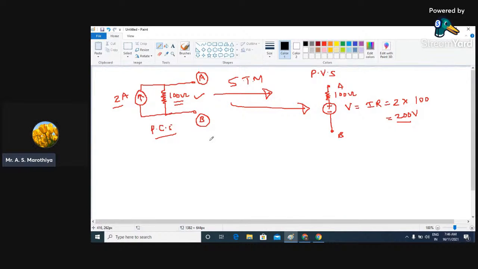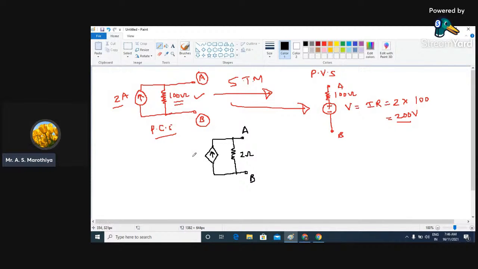Let us consider that we have a dependent source like this. Let us consider that this is say A and this is going to be say B, and the value is say 2 ohm, and here we have a current controlled current source.